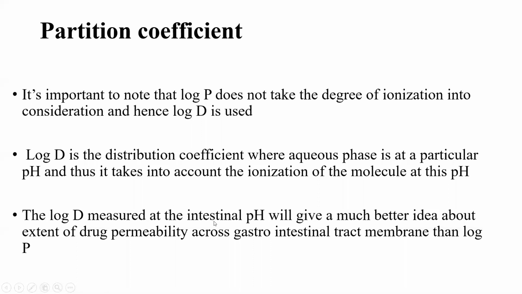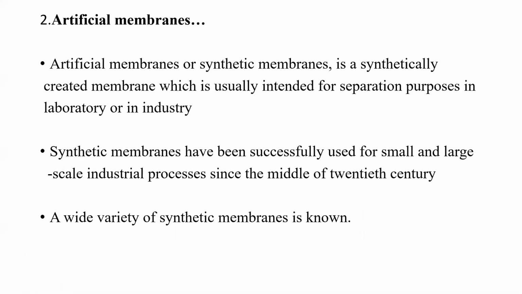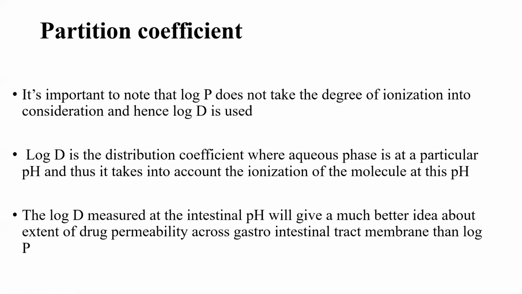So the log D, which is measured at intestinal pH, will give a better idea about the extent of drug permeability when compared to log P, because log D takes into account the degree of ionization, while log P does not consider the degree of ionization. Of course, it is the unionized drug which permeates easily, but log D will give a better idea about the extent of drug permeability.